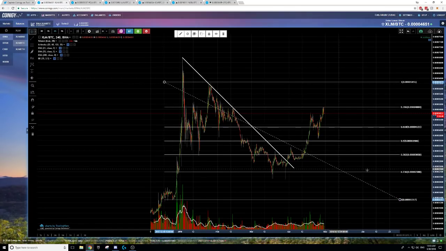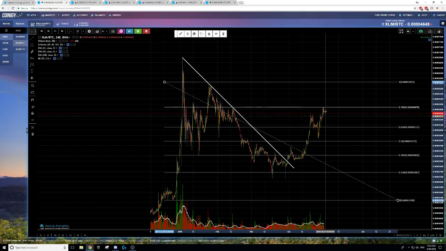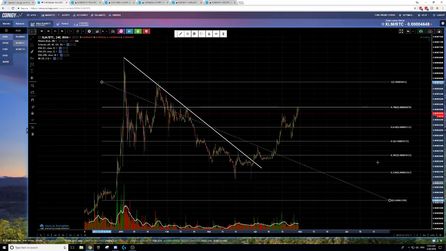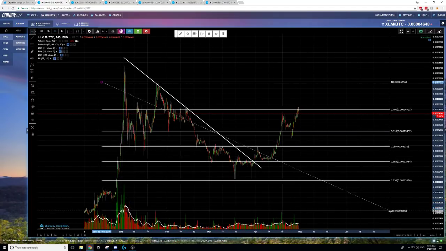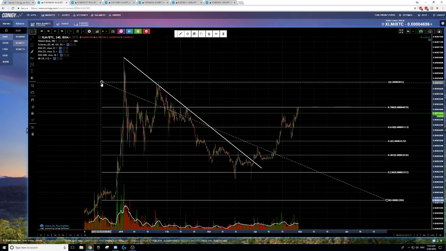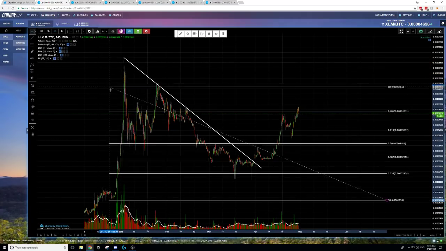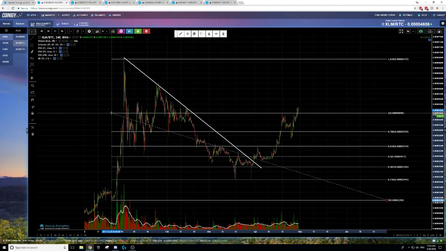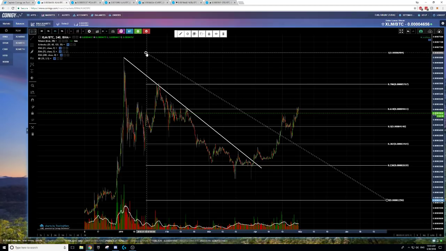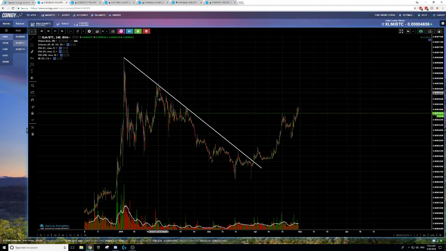This is our top, right? I like that, but this hasn't really been mapped out yet. That's the thing about drawing fib retracements. Okay, I can't really find a good one for this longer term.